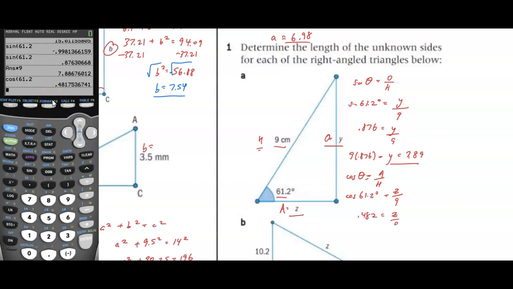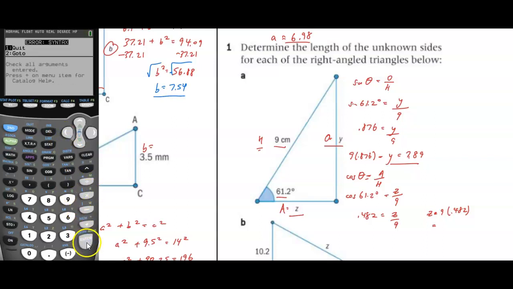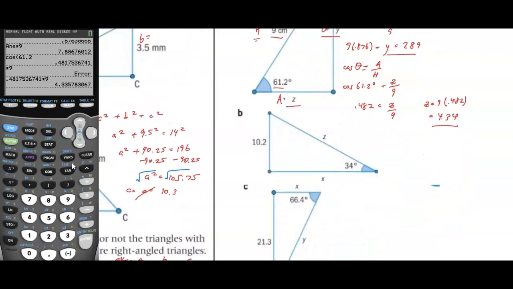And then I just multiply both sides by 9, right? Then I get 9 times 0.482, and that's equal to my z value. 4.34. Okay? All right. Next one.